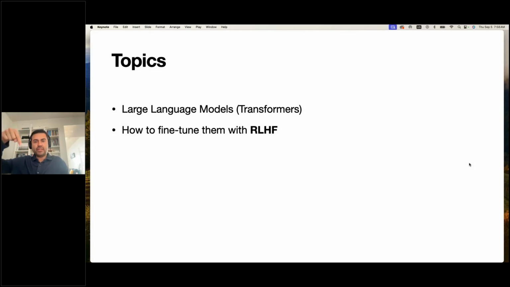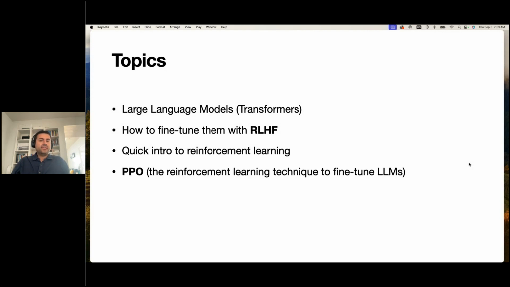The idea is to get the feedback of the human into the model as quickly and effectively as possible. So I'm going to give you a very quick intro to reinforcement learning, and then to PPO, which is proximal policy optimization, the reinforcement learning technique used to fine-tune large language models.